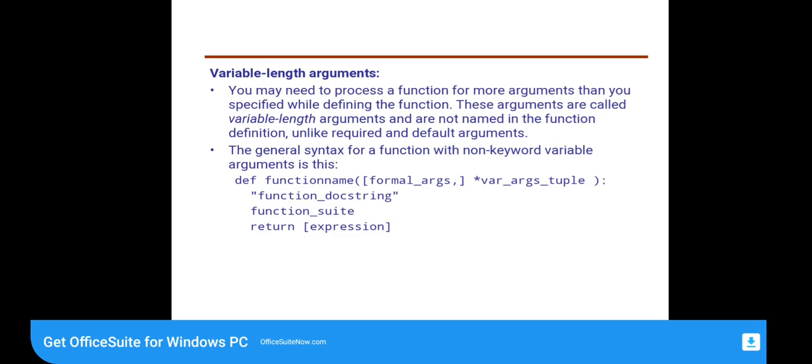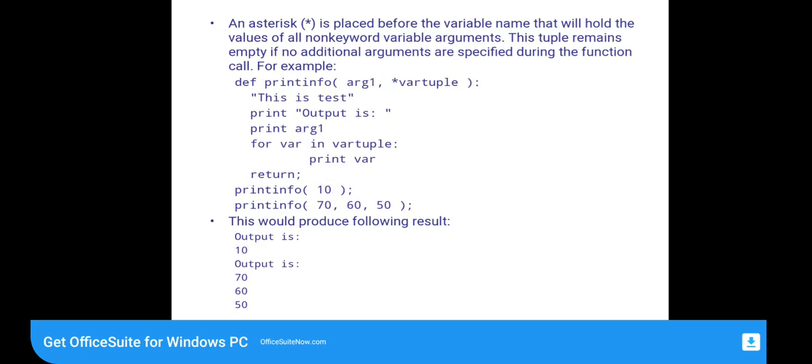An asterisk symbol is placed before the variable name that will hold the values of all non-keyword variable arguments. This tuple remains empty if no additional arguments are specified during the function call.